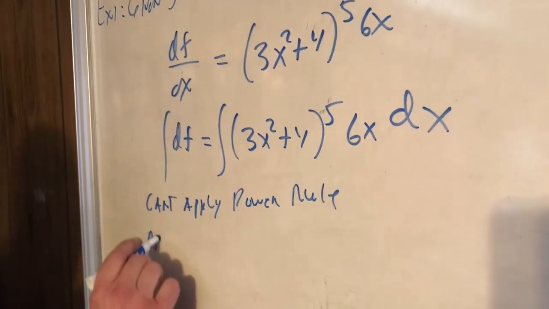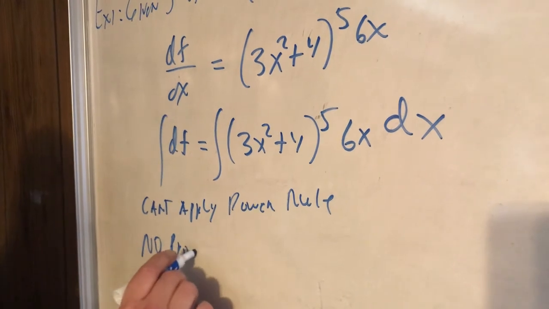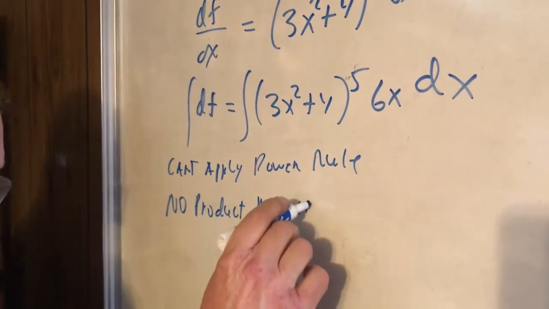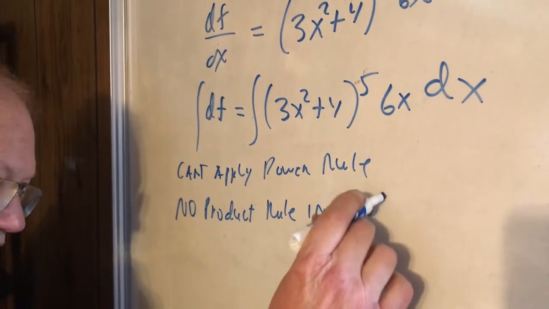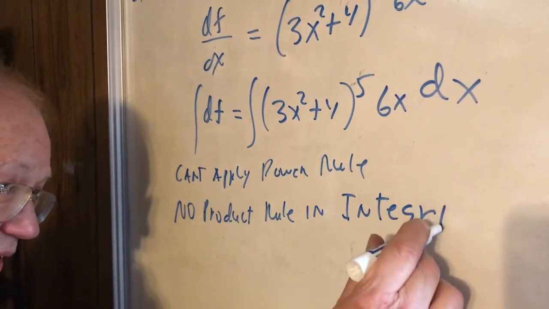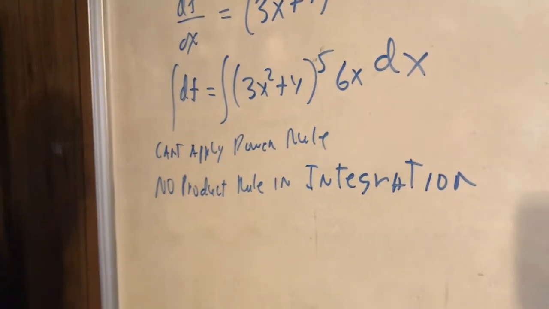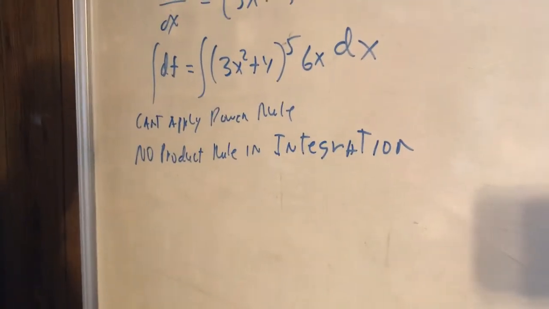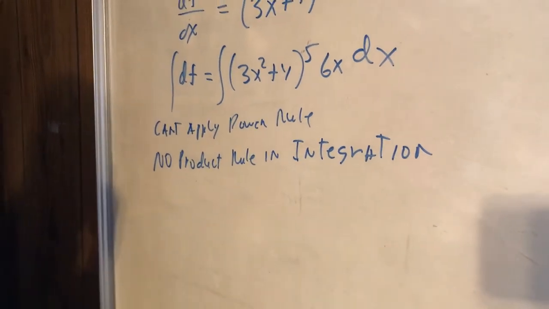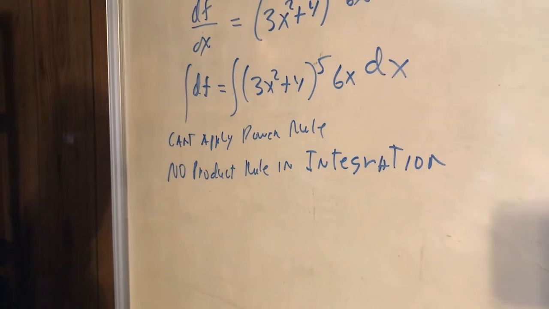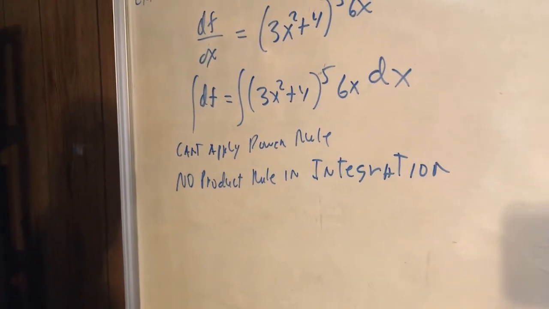Unfortunately, there's no product rule in integration. Now, there actually is, but that's later on, and it's kind of complex. It's really using functions, but you don't have to worry about that. For you, there's no product rule in the integration you're going to do. So how do I do this?